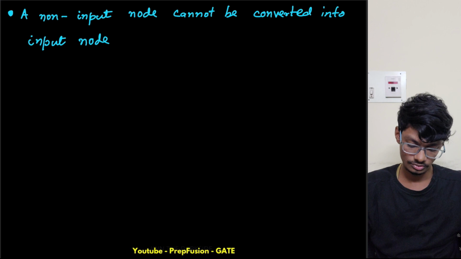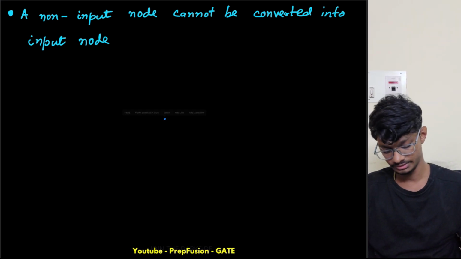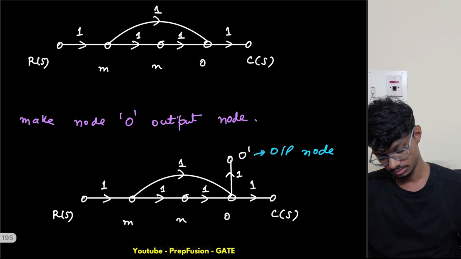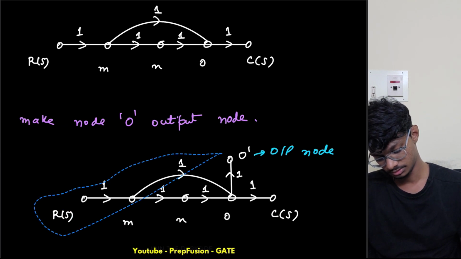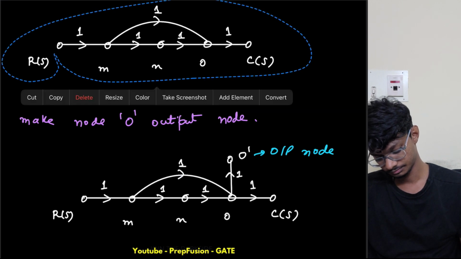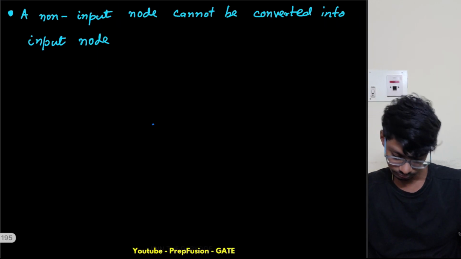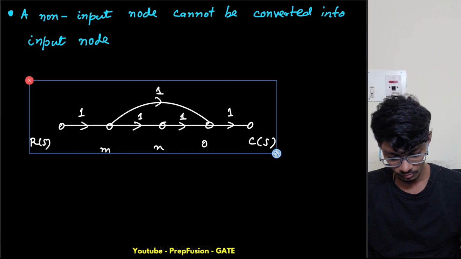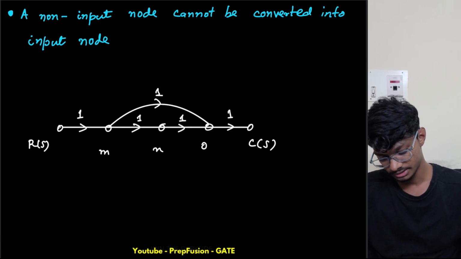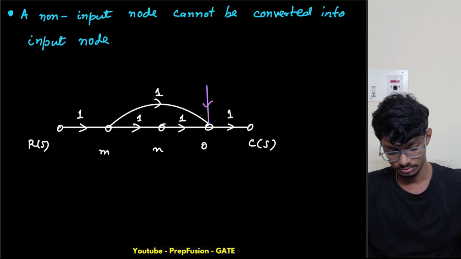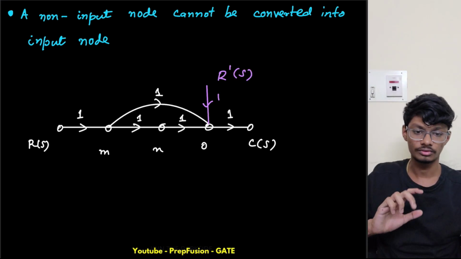Let me explain. Take the previous example. In this example, now let's say instead of this node being output, let me make this node an input. So we'll give one input over here, gain is 1, but here is some input like Rs dash. So what will happen now?